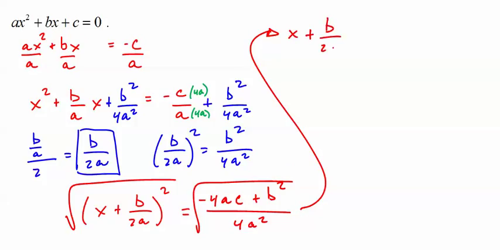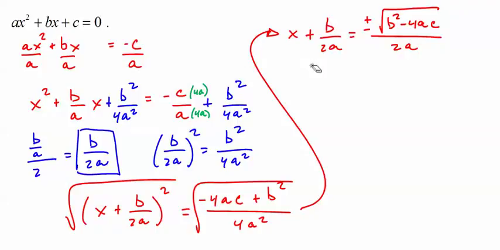x plus b over 2a equals, the bottom I can take the square root. The bottom is not too bad. It's 2a. The top I'm going to rewrite inside the radical with the b squared first. Just kind of rolls off the tongue nicer. And don't forget your plus or minus.